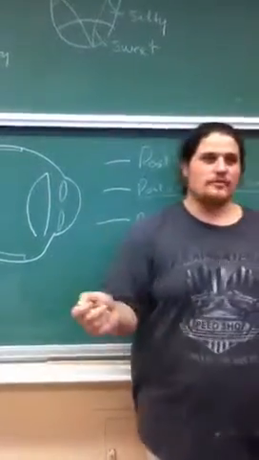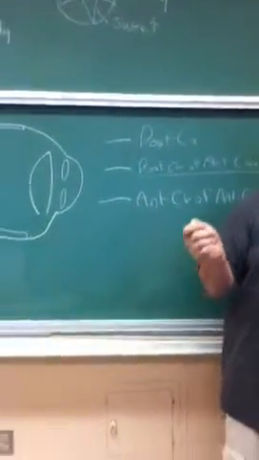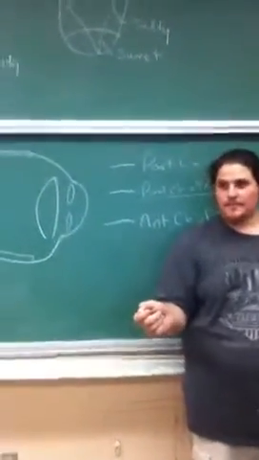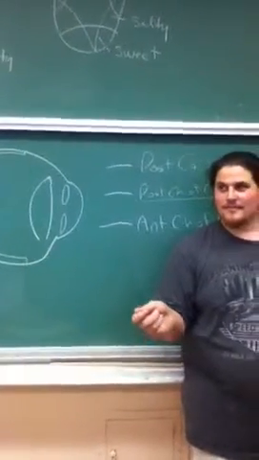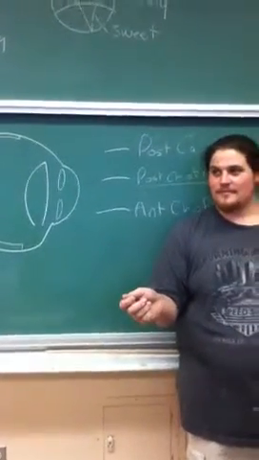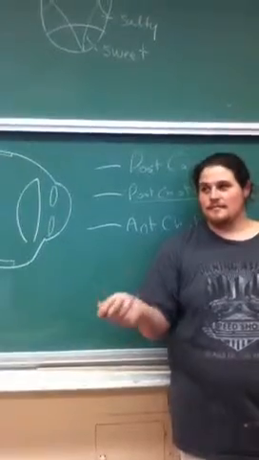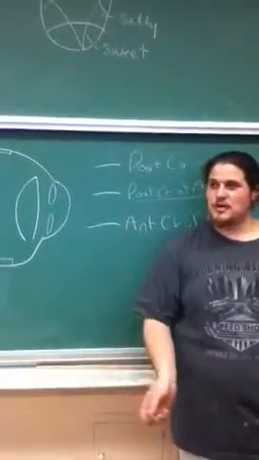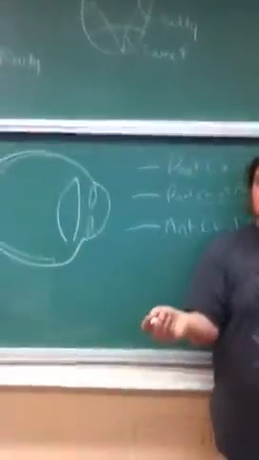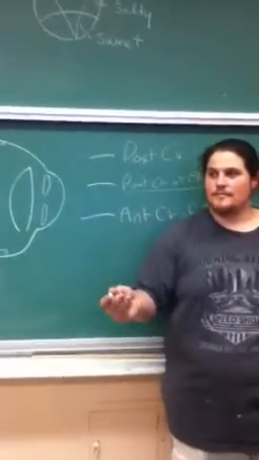So when you're tracing a beam of light, how do you trace it? The anterior chamber of the anterior cavity, the posterior chamber of the anterior cavity, the posterior cavity. Now let's add the structures, everything it hits: cornea, iris, lens, retina.